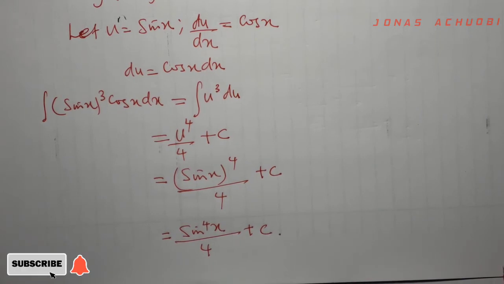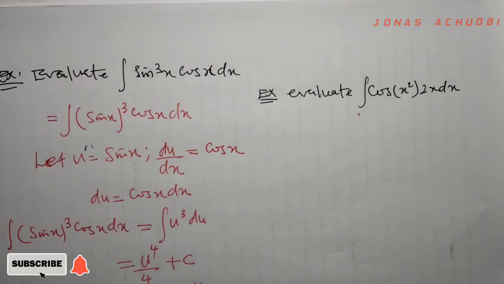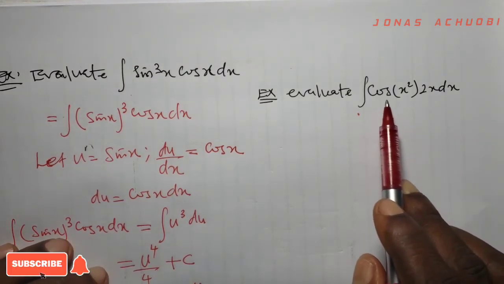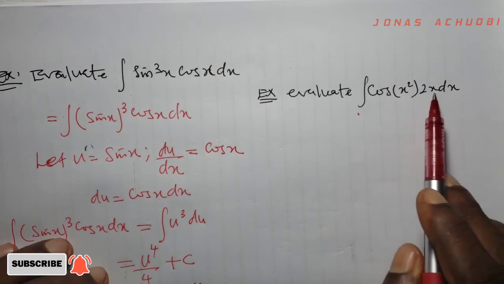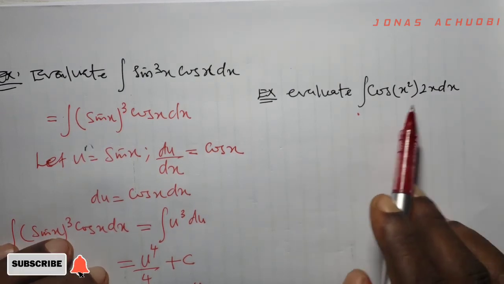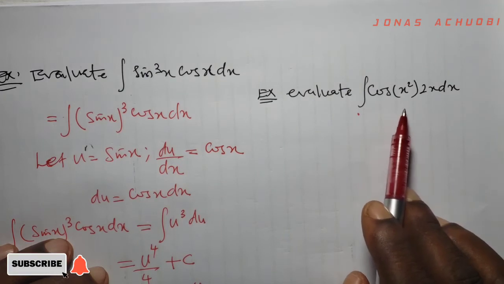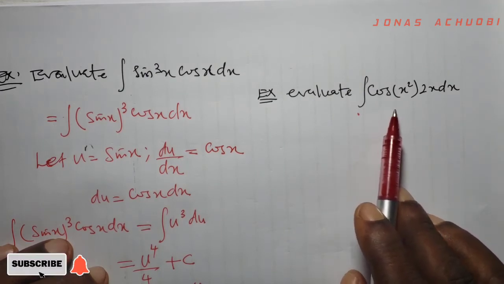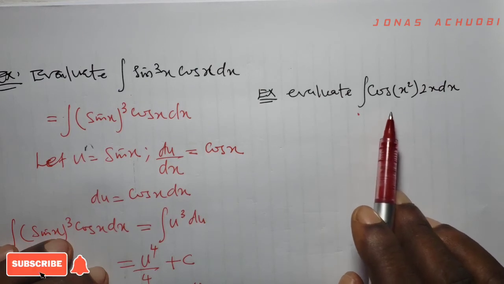Let's take another example to further clarify ourselves. Here we are asked to evaluate the integral of cos x squared times 2x with respect to x. Now this integral is not in the exact form as the last two integrals we've performed. However, we can still apply the method of u-substitution.